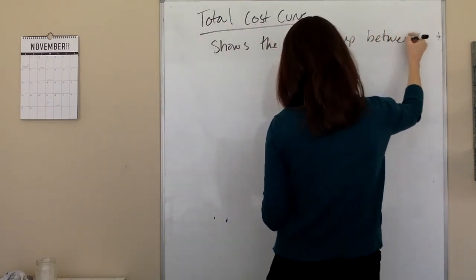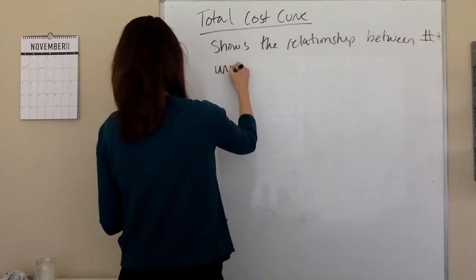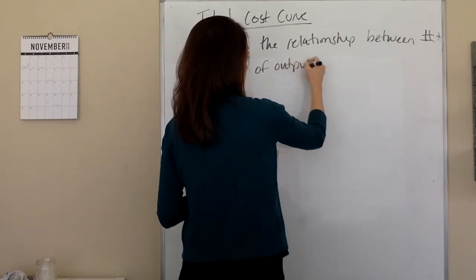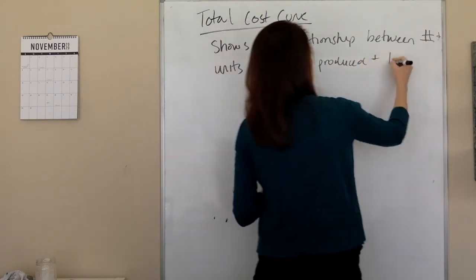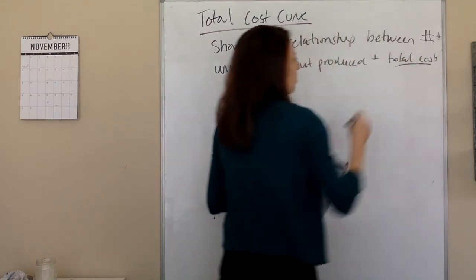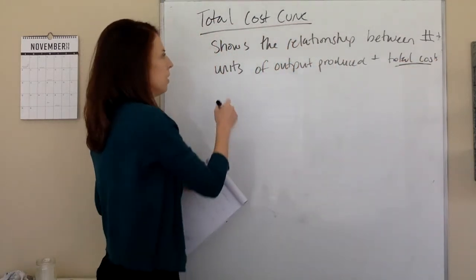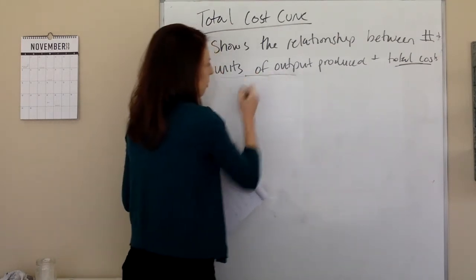So shows the relationship between the number of units of output produced and total costs. So this is going to be dependent variable total cost, and independent variable is going to be the units of output.